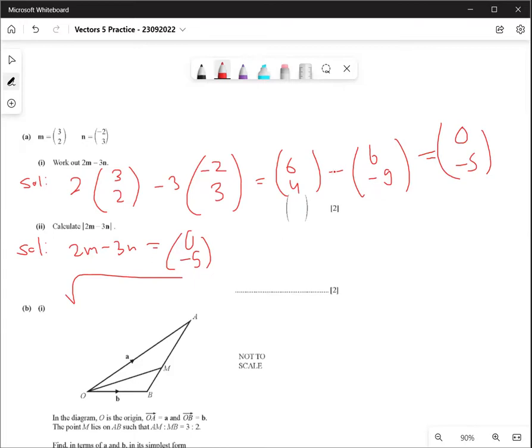Okay, yeah, this will become plus. 12 minus 5. So 12 squared plus minus 5 squared. The answer will be 144 plus 25. That will be 13.